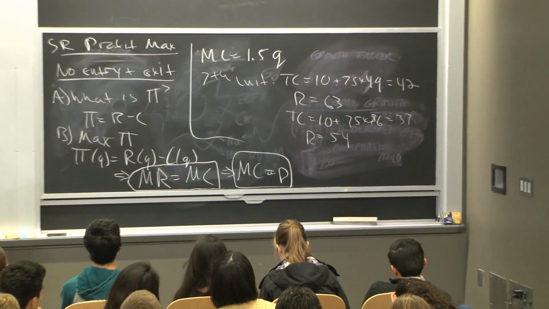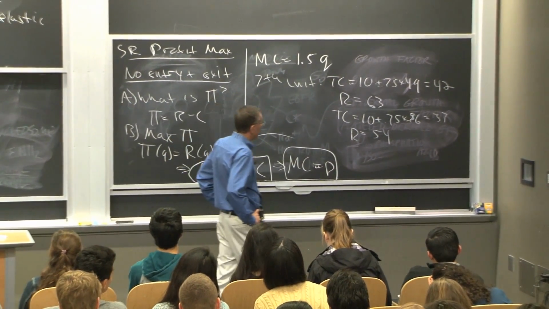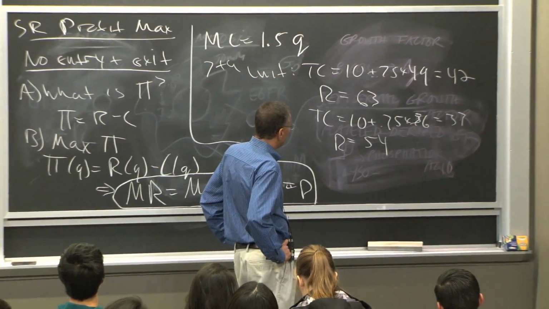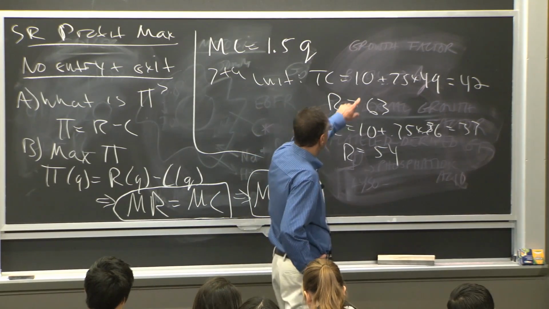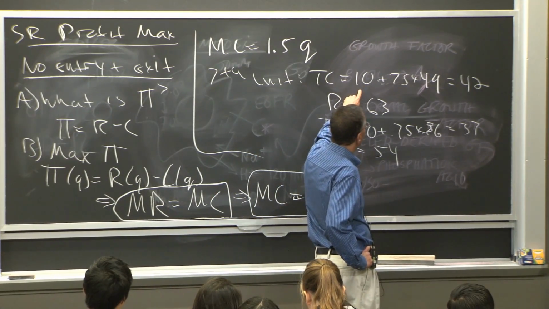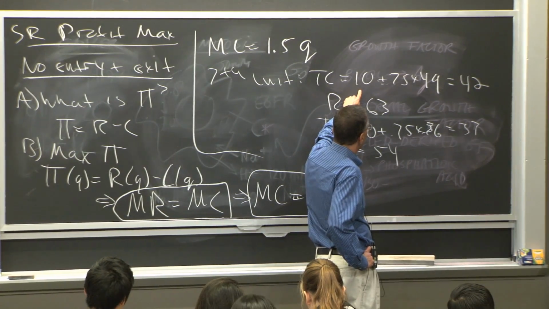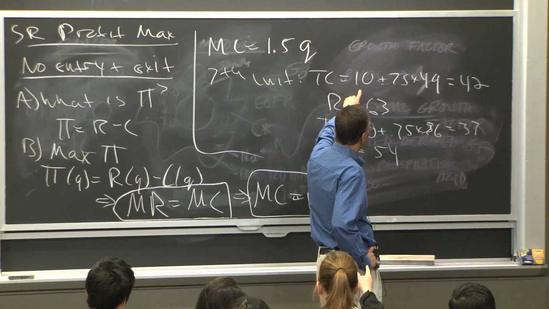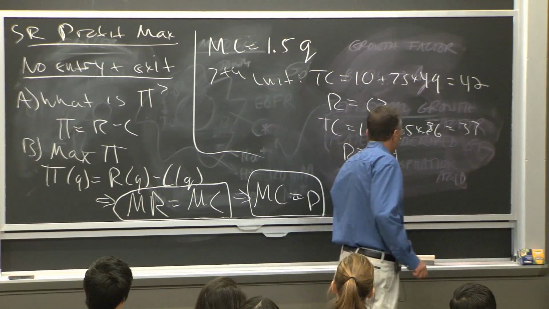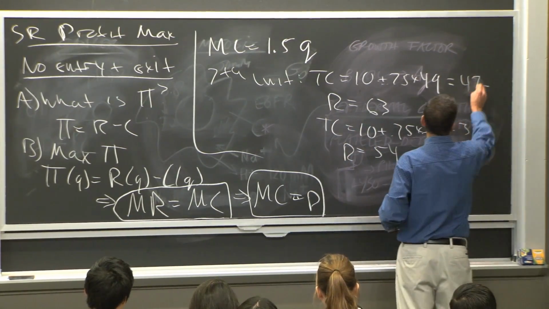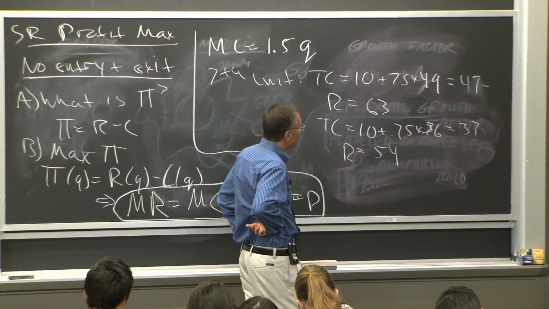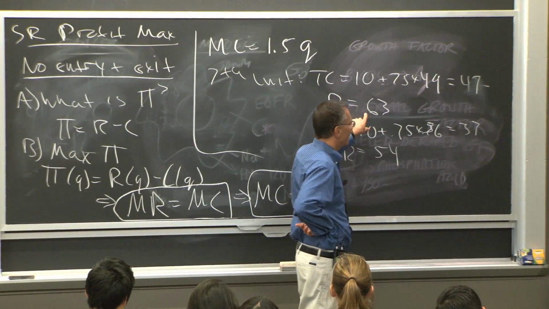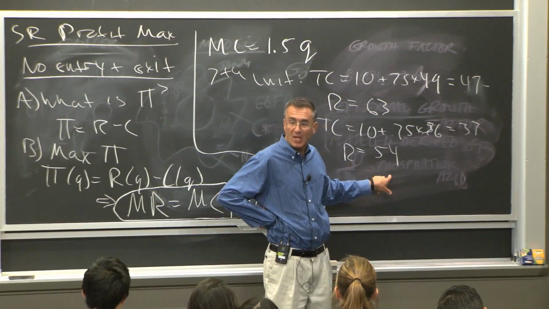Total cost is 6 units. Total cost 10 plus 0.75 times 36... What's 0.75 times 40? That's 46.75. That's what I did wrong. This is about 47. So your profits here are only 16, but your profits here are 17.